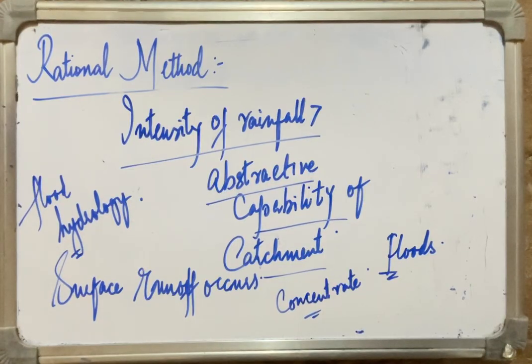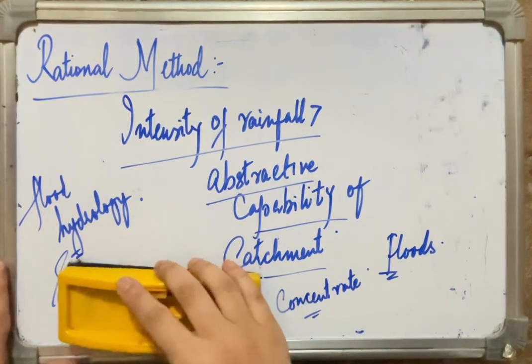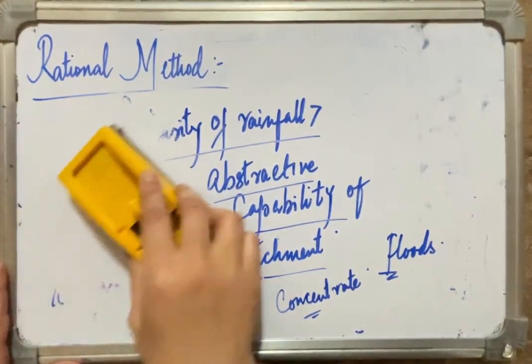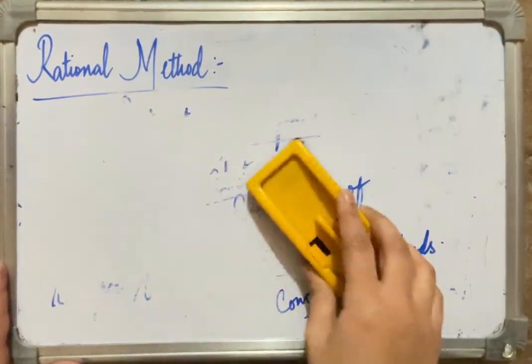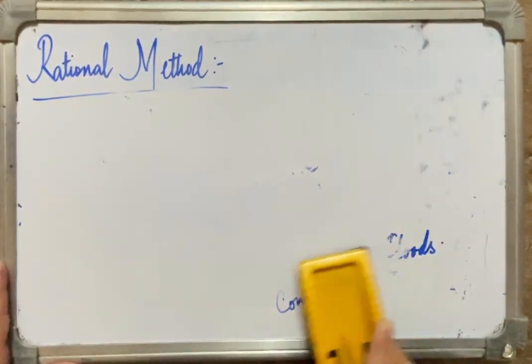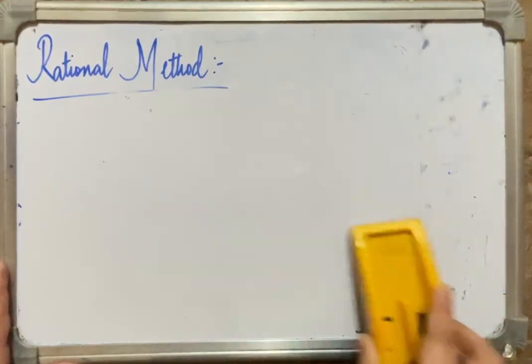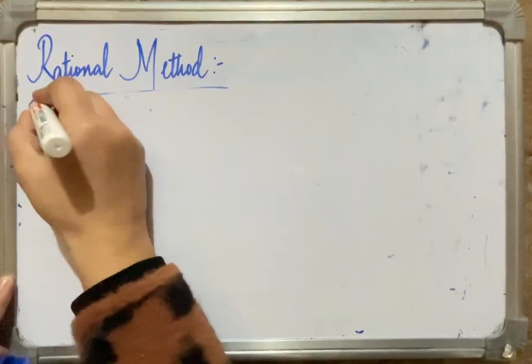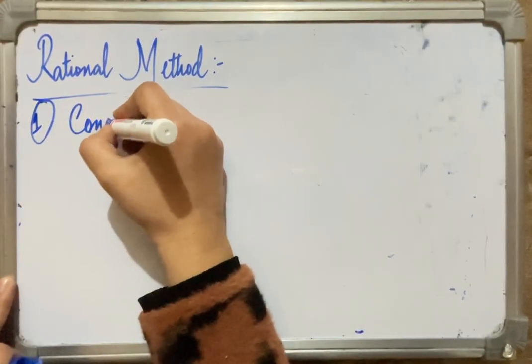Now this rainfall in general varies in space and time. All right. However, under certain given conditions, it may be fairly assumed to be either, let me write it down for you, number one, constant in both space and time.